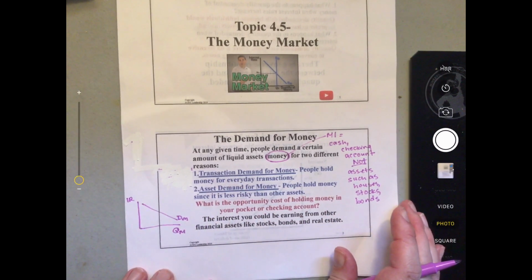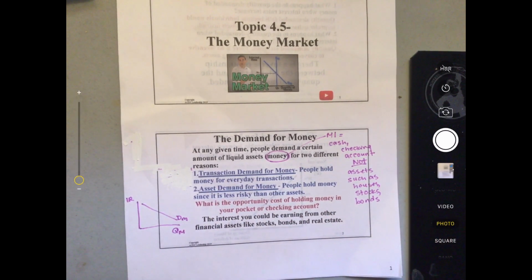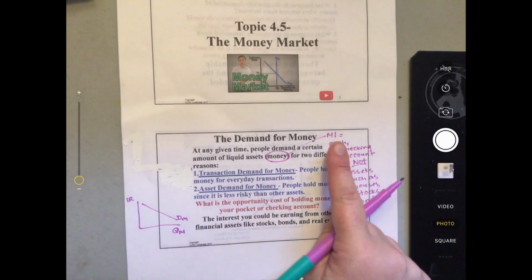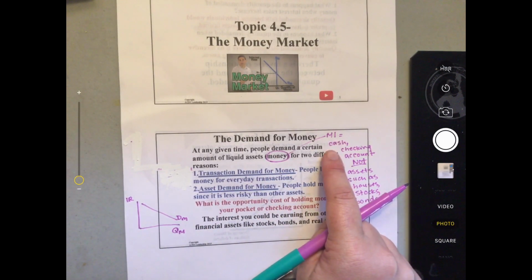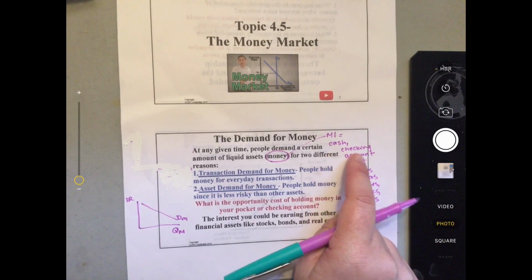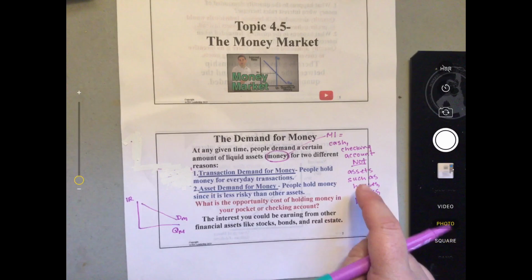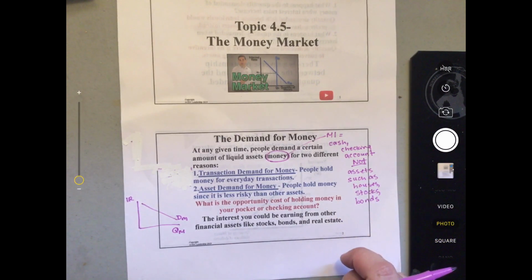At any given time, people demand a certain amount of liquid assets, money, for two different reasons. This money rate here is referring to M1. M1, remember, is cash and checking accounts. We are not referring to less liquid assets such as houses, stocks, and bonds.